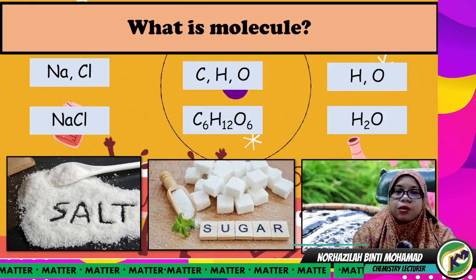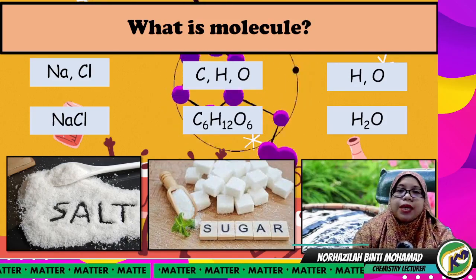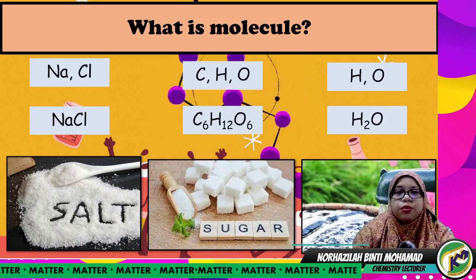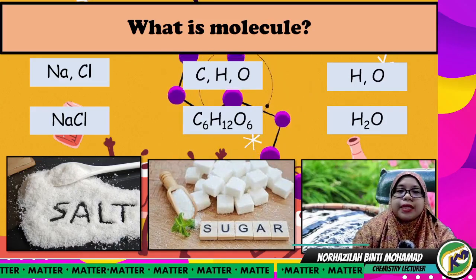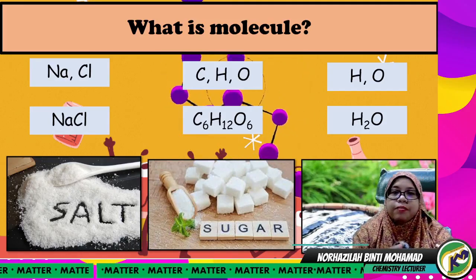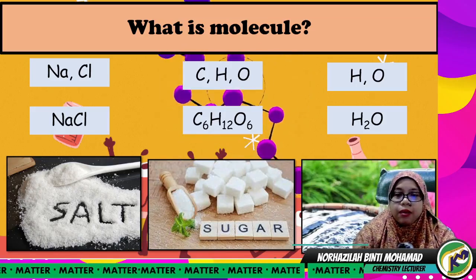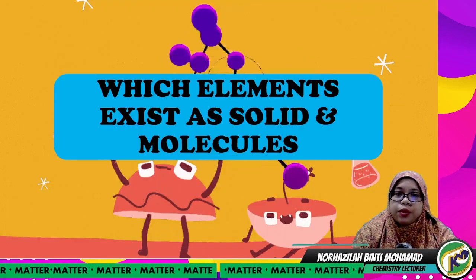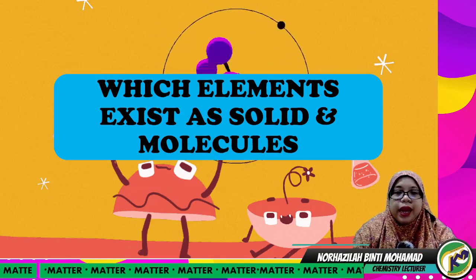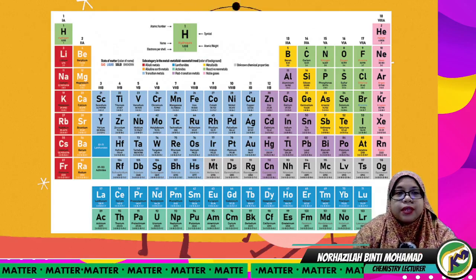So as a conclusion, the atom is the smallest particle in a molecule. To get a molecule, we combine these atoms. I hope you understand what atoms and molecules are. Now we go to the main part. Which elements exist as atoms and molecules? We look at this periodic table.